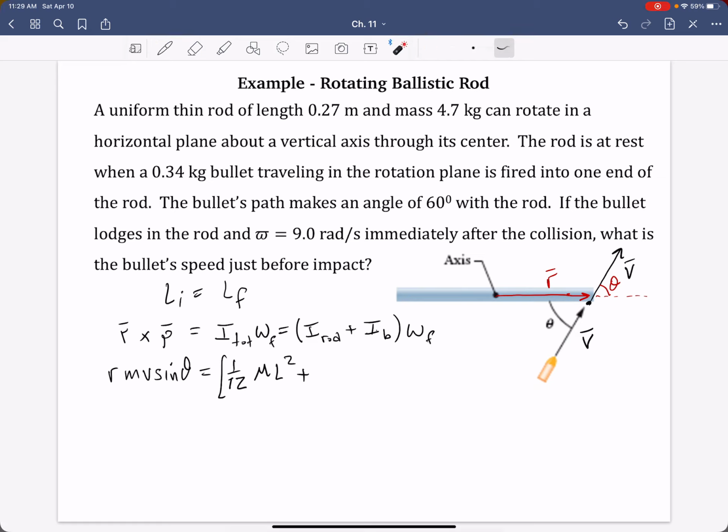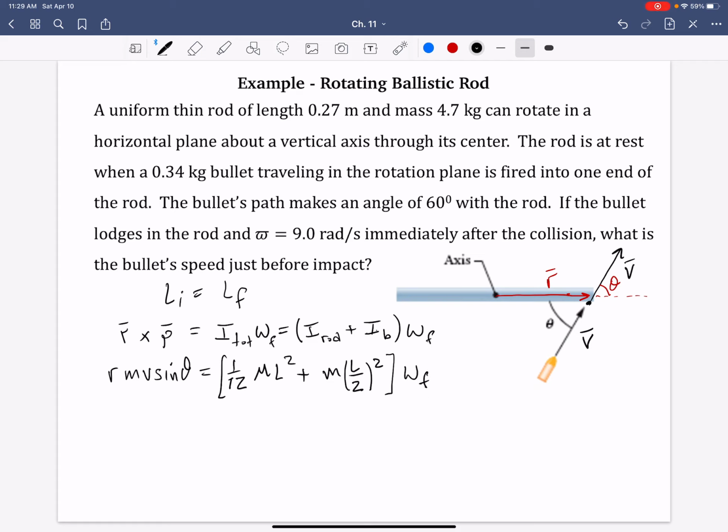Located right here, the point particle from the axis is m r squared, and that r is L over 2, being half of the rod. And all that times the final angular speed.